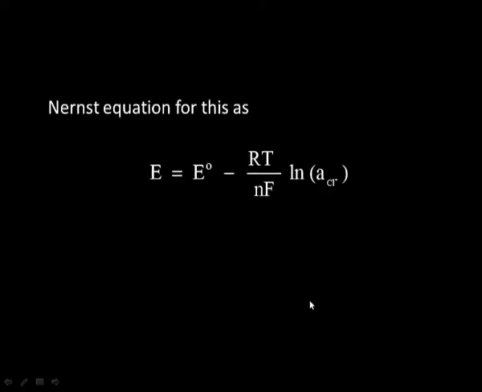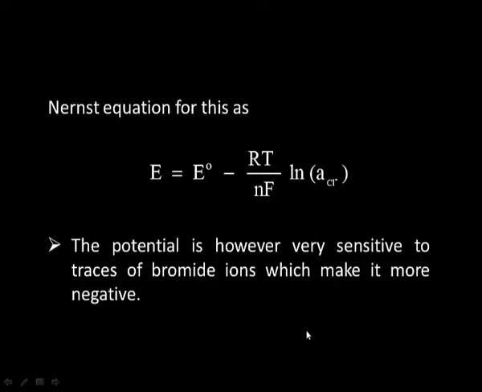The Nernst equation for this electrode can be written as E is equal to E naught minus RT over nF ln a, that is the activity of chloride ion. The potential is, however, very sensitive to traces of bromide ions, which make it more negative.